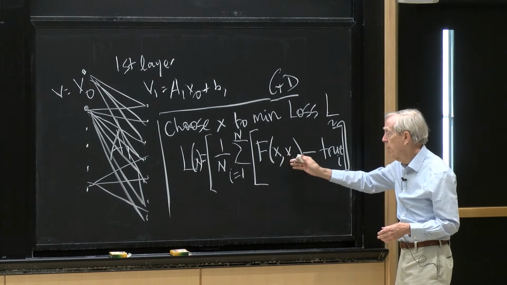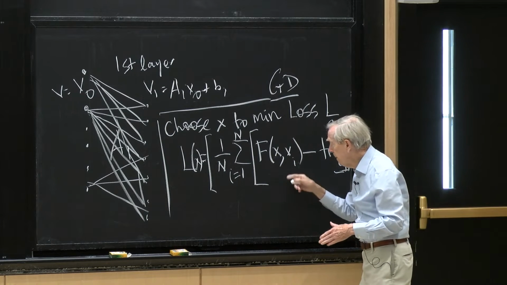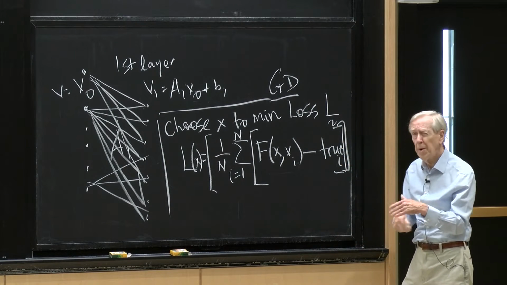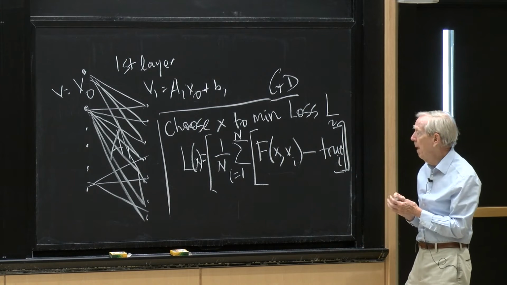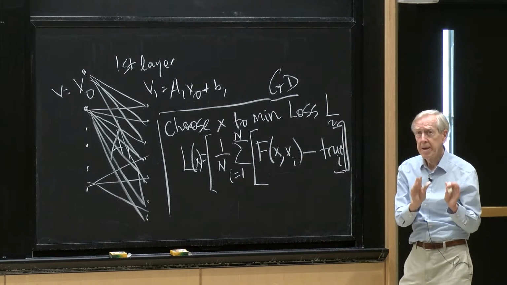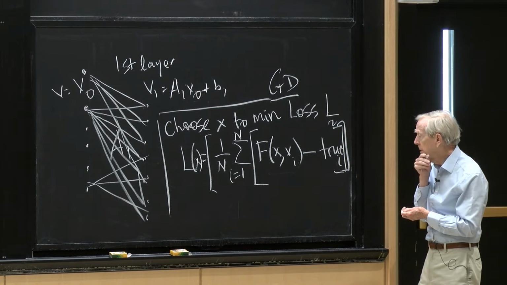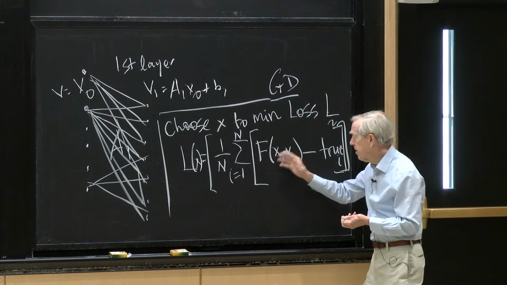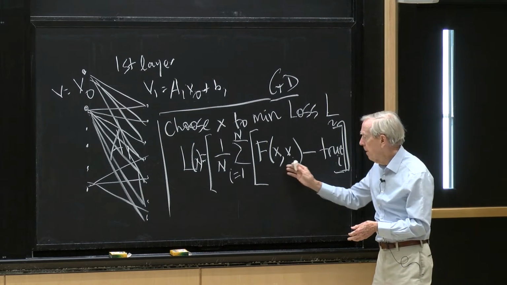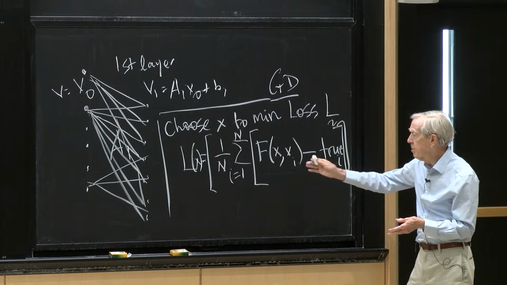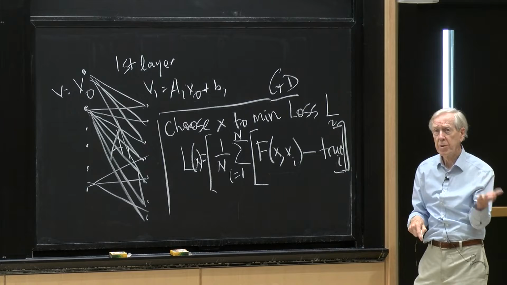I find its output. This is what the neural net produces. It's supposed to be close to the true. We don't want it to be exactly, we don't expect this to be exactly 0, but it could be because we have lots of weights to achieve that. That would be the loss we minimize, and it'd be squared for square loss.